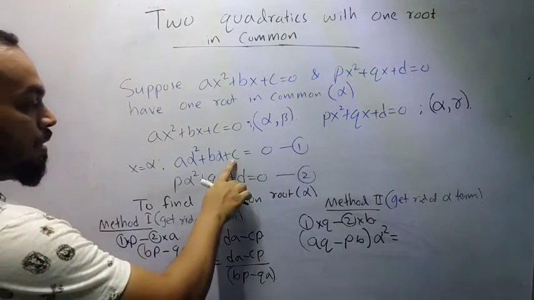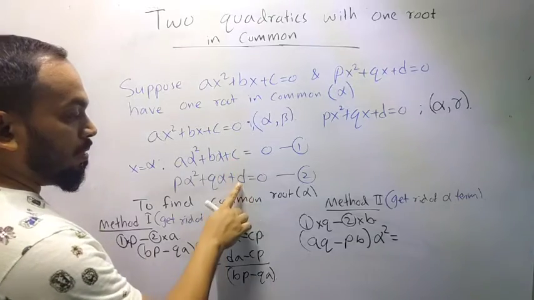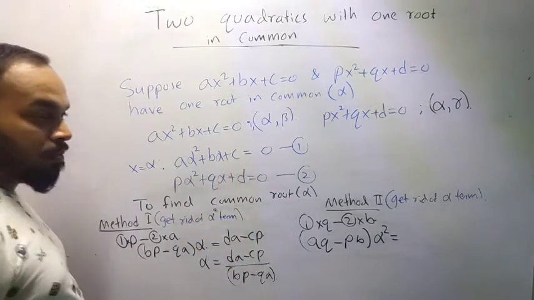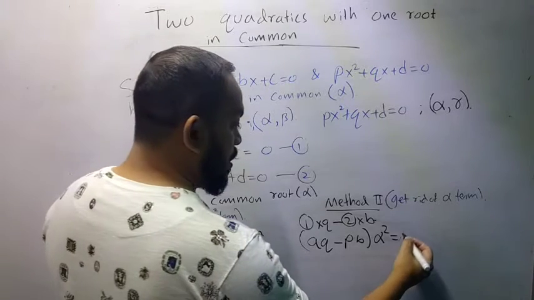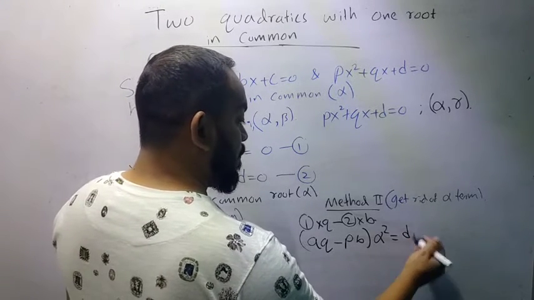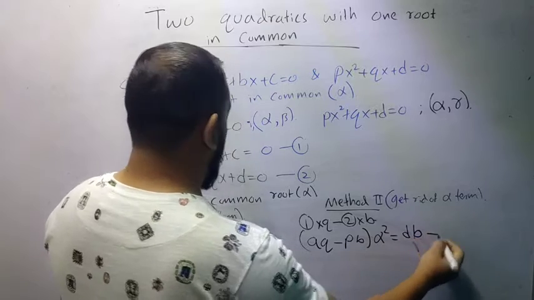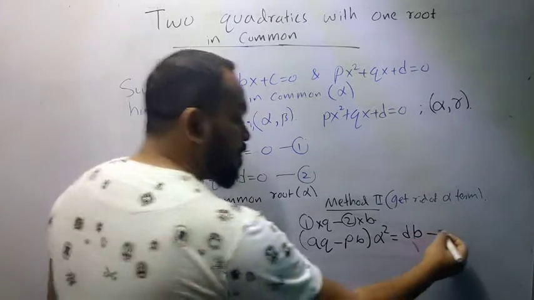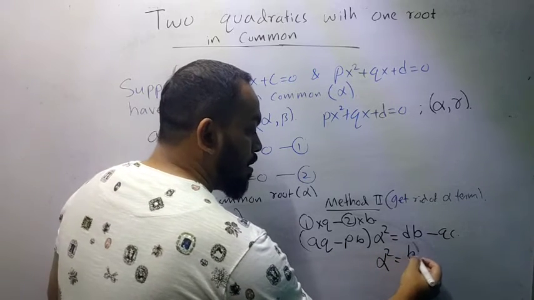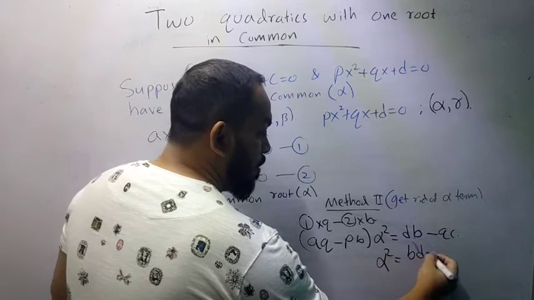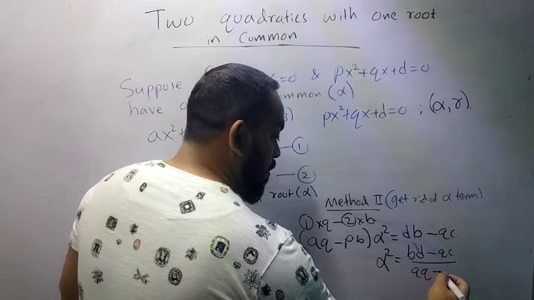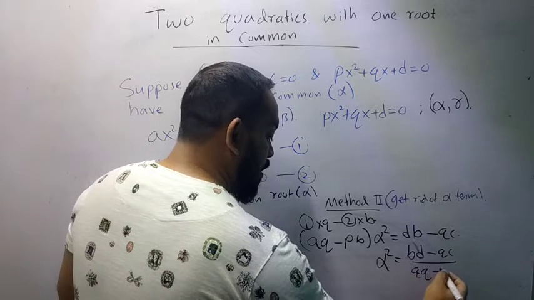Then here we have qc minus db, but I have to take them onto the other side, so that becomes db minus qc. So now alpha squared in this case is db minus qc divided by aq minus pb.